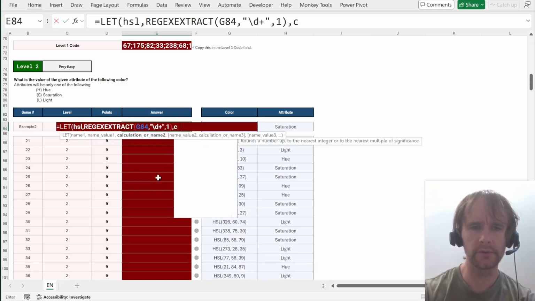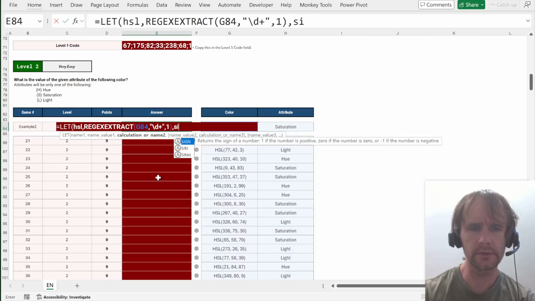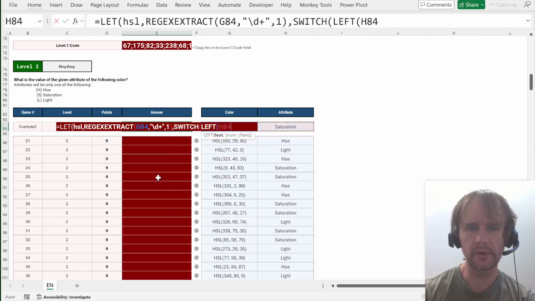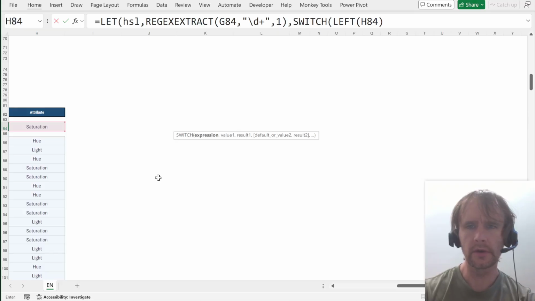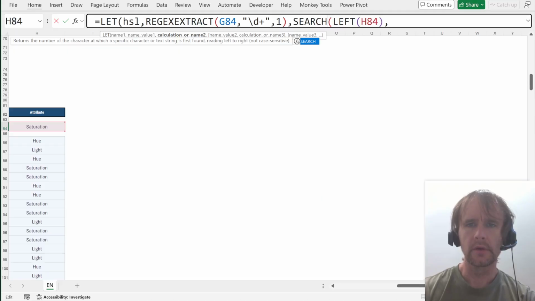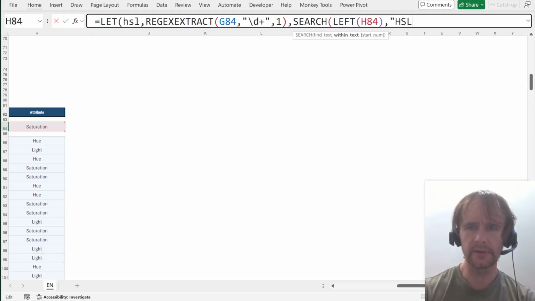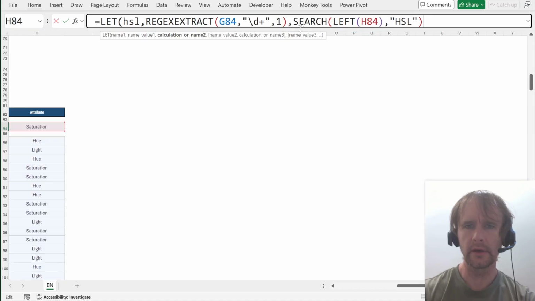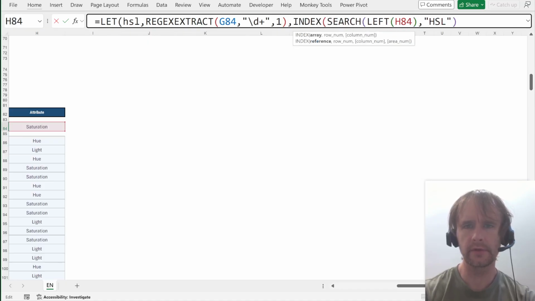And then I want to switch left of this. And if it's H1, actually, yeah, better. Let's search left of that in HSL, and then we'll index HSL by that.